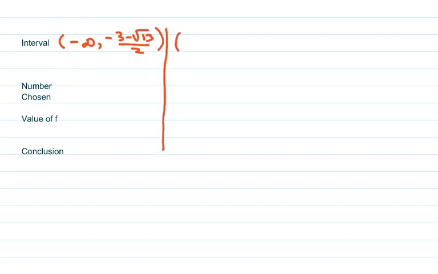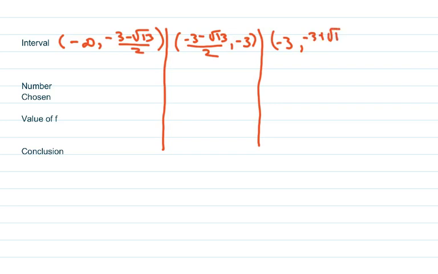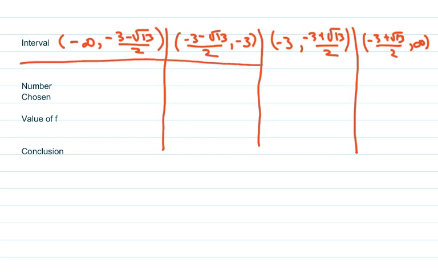I need to squeeze this in, so I'll have to write smaller. Next is negative 3 minus square root of 13 over 2, comma negative 3. Then negative 3, comma negative 3 plus square root of 13 over 2. And the last would be negative 3 plus square root of 13 over 2, comma infinity. So those are your intervals.